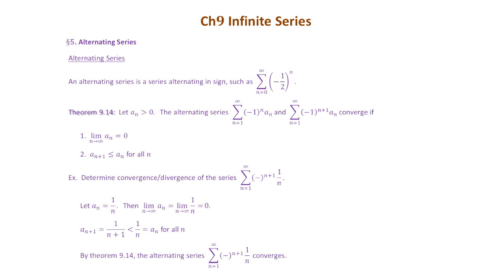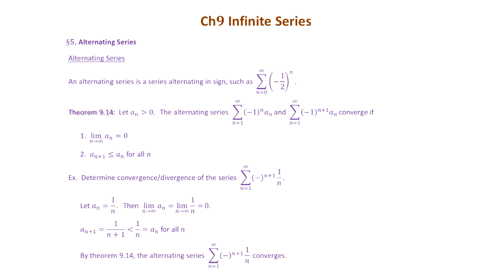Negative 1 to the n, if we just separate the magnitude of each term, then you get a sign of negative 1 to the n. So an will be positive in this case. You can rewrite this series in this format.